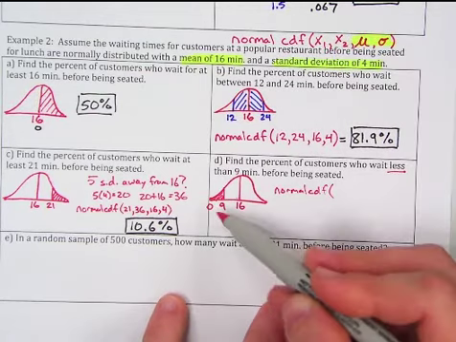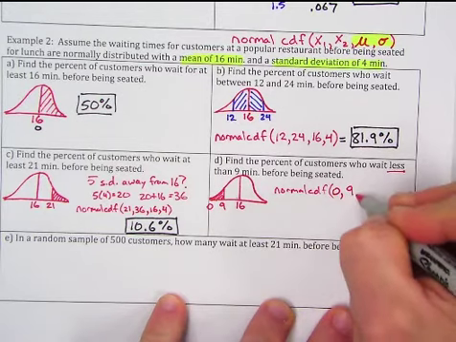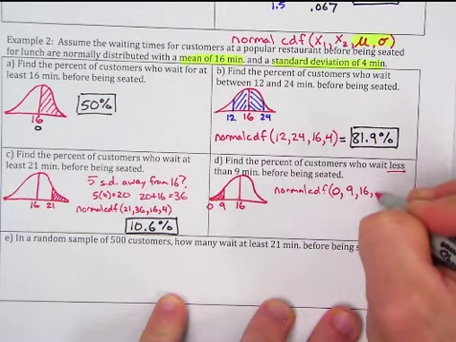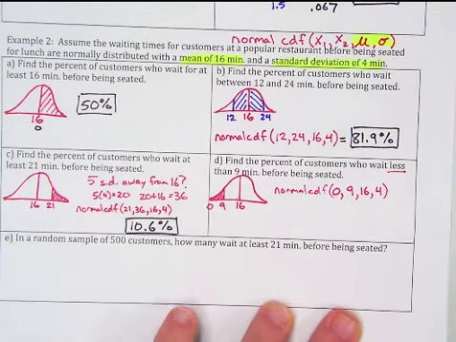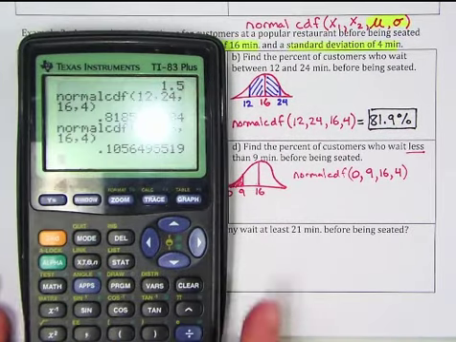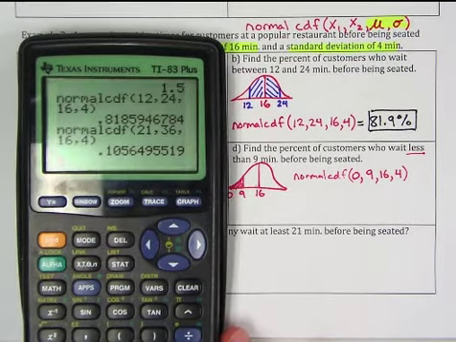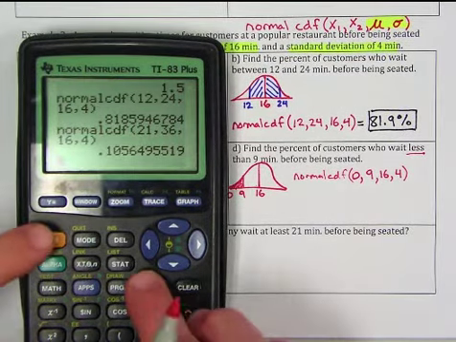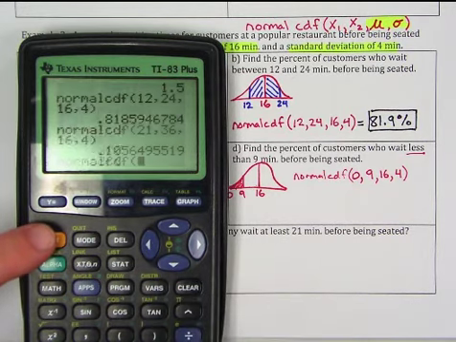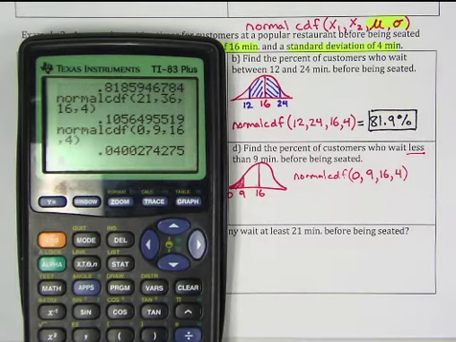So in this case, 0 is going to be on the left, and then 9 on the right. The mean is still 16, standard deviation is still 4. So let's give it a try. We're going to hit second distribution, normal CDF, 0, 9, 16, 4. And this looks to be 4%.